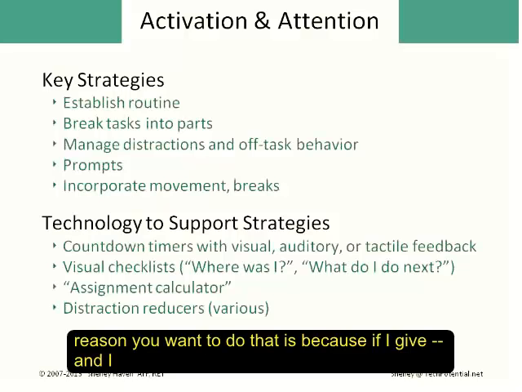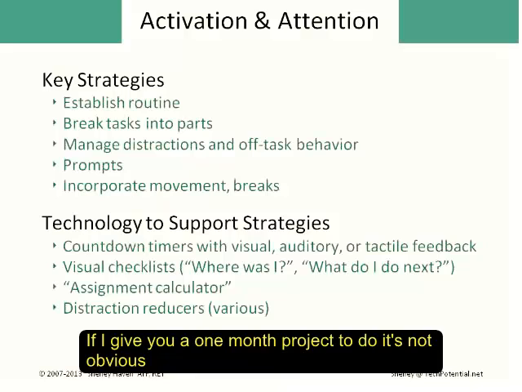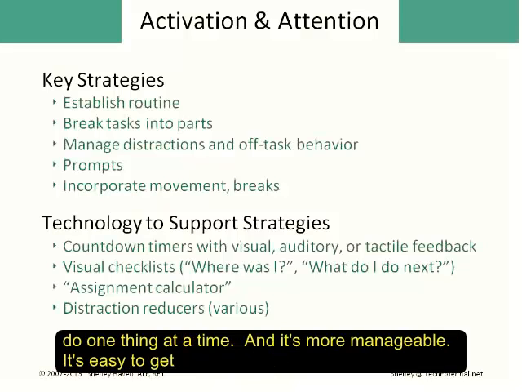The reason you want to do that is, and I've got a good example of this later when we get to planning and prioritizing, if I give you a 1-month-long project to do, it's not obvious where to start. But if I break it down and sequence it, now you're able to get started. Now you're able to activate because you only need to do one small thing at a time, which is much more manageable. It's also easy to get off task.